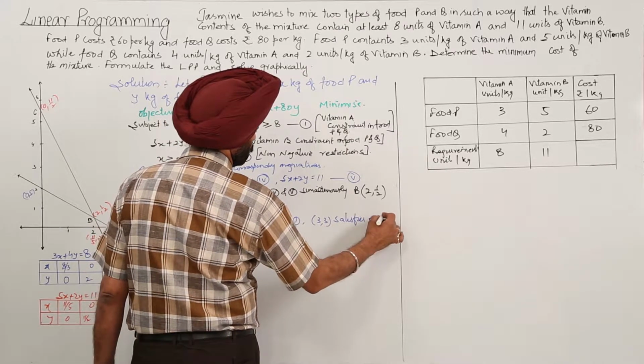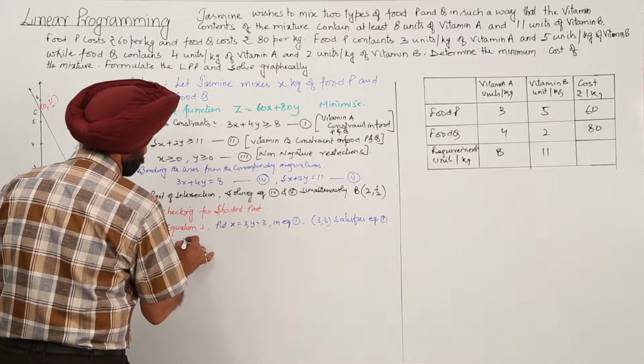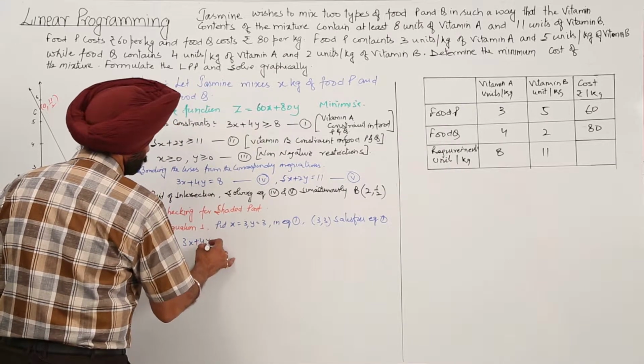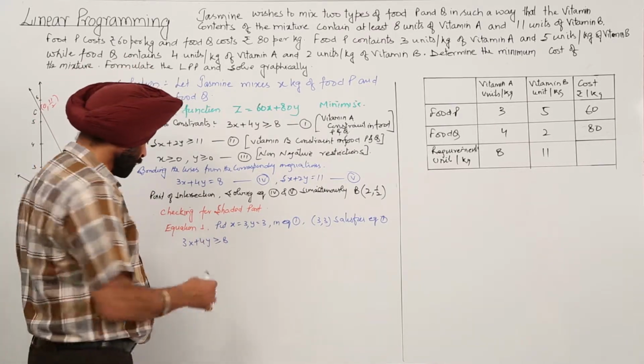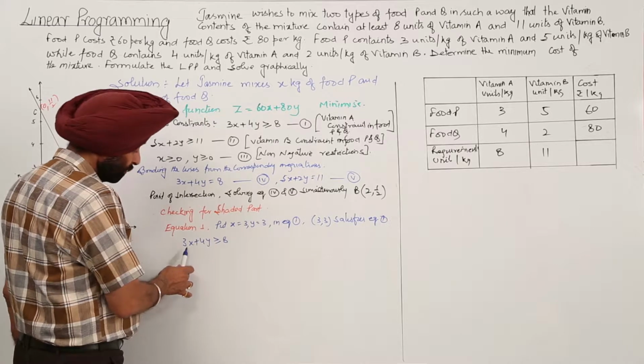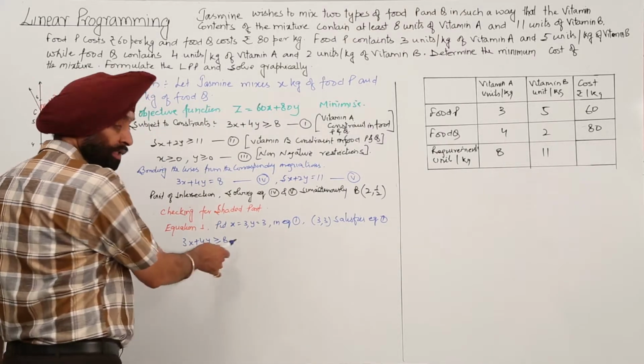Now 3 comma 3 satisfies equation 1, and it is 3x plus 4y is greater than 8. Now how does it satisfy? If we put 3 comma 3, 3 into 3 is 9 plus 3 into 4 is 12, 9 plus 12 is 21 and 21 is greater than 8.